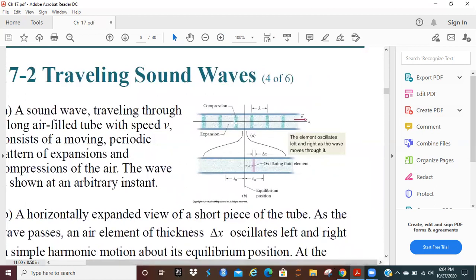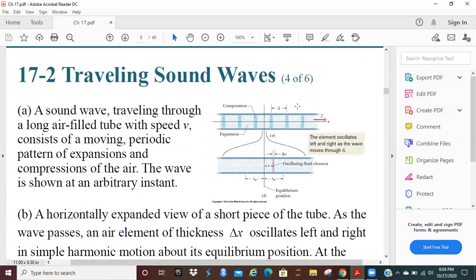You've got the compressions, you've got the expansions, and this pulse is repeated all the way through. And you can even see the wavelength, the distance between common points in the waves, marked out here with lambda. And you can see here that the sound wave is traveling through with speed v.